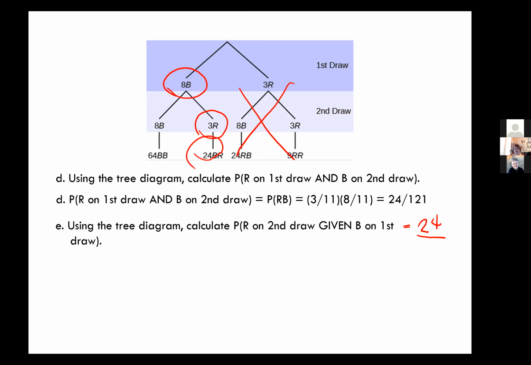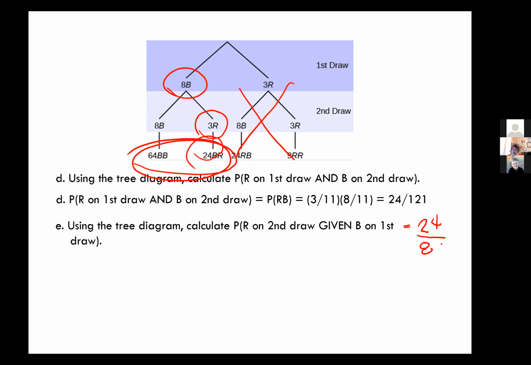So getting red on the second, given blue is the first draw, is only this sample space right here. So remember, this type of probability, getting the red depends on getting the blue on the first draw. So the sample space is not 121, it's 88.